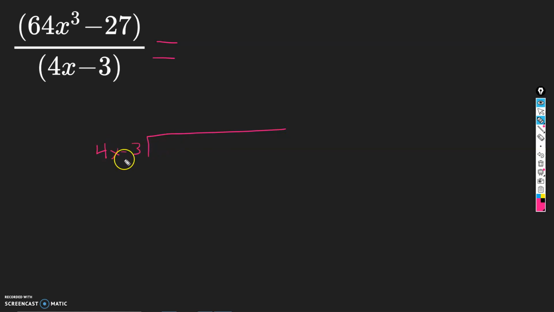That's what I'm dividing by. 64x cubed, let me get that underneath, plus 0x squared plus 0x, so I'm filling in the missing terms here, minus 27. You don't have to do this, but it helps with accounting, and it just makes things easier. The less you have to think about when you're going through these, the less room there is for error.